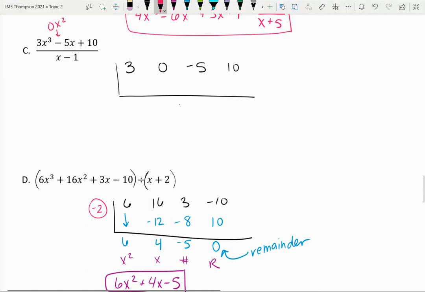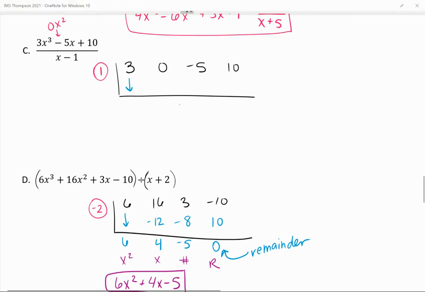The x squared term is missing, so if you didn't write that in, probably didn't work out for you. So when I write out my coefficients, I have 3, 0, negative 5, and 10. And the number in the bubble, the 0 that we're testing to see if it works, to see if it's a divisor, is 1.